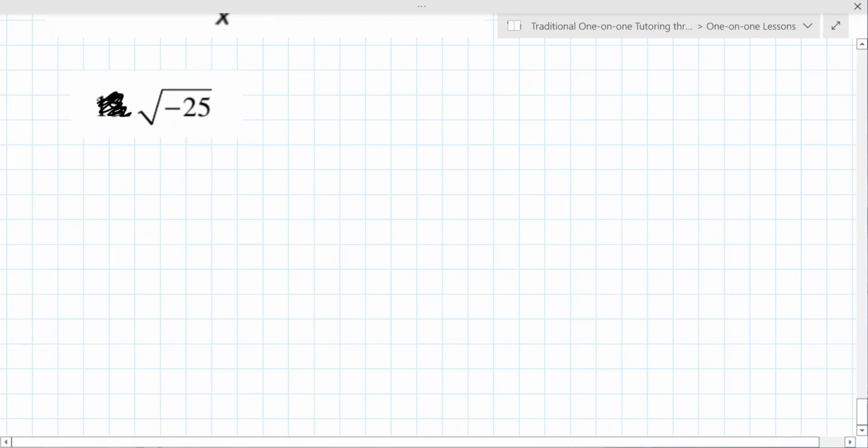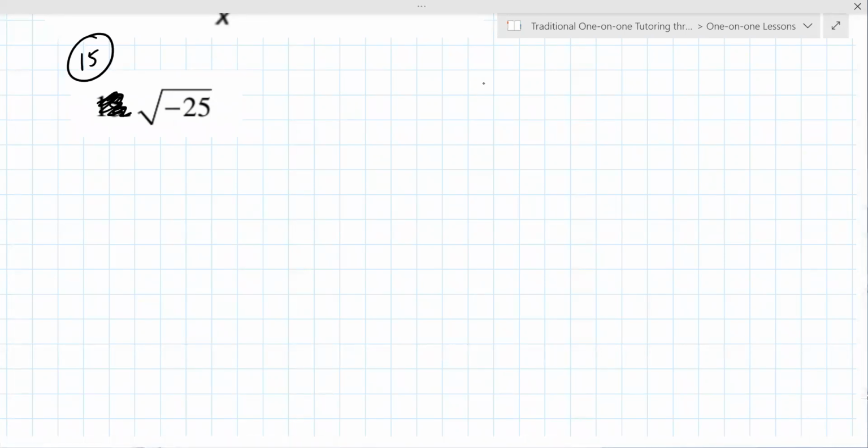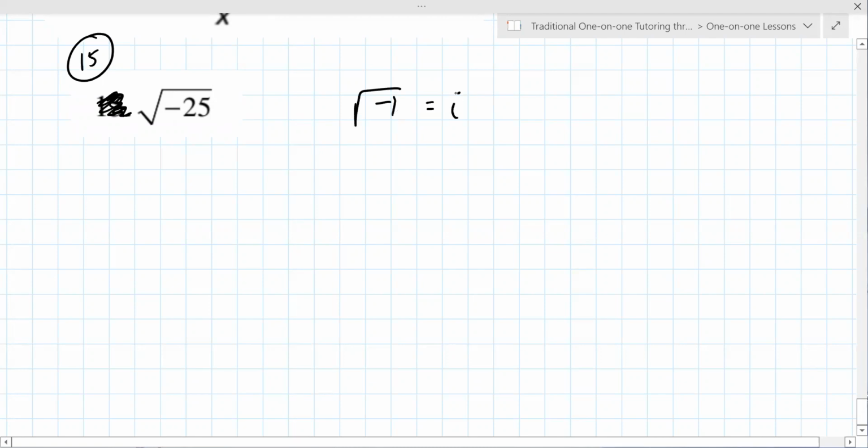All right, so we actually already did 15 earlier in terms of how you handle a negative square root. Wouldn't it just be no solution for all of these? No. The square root of -1 is i.